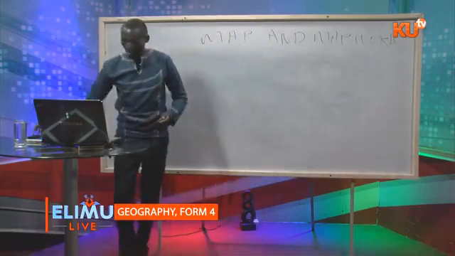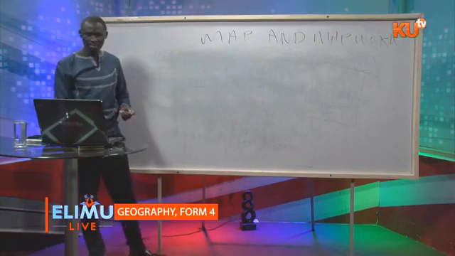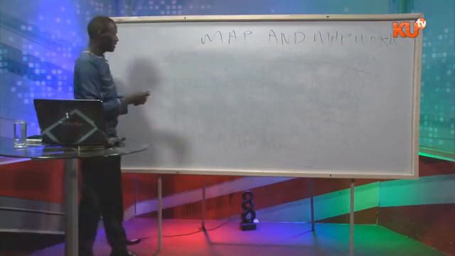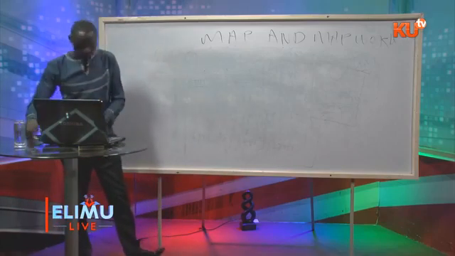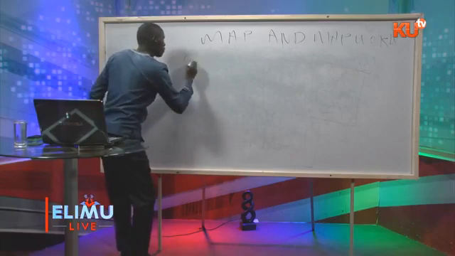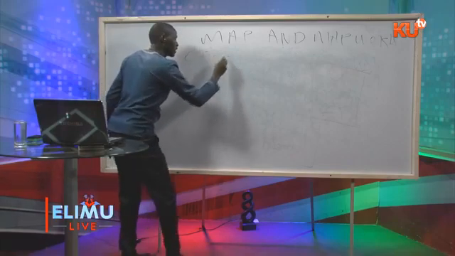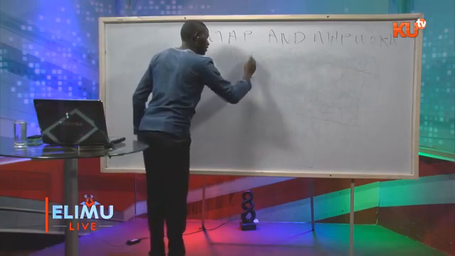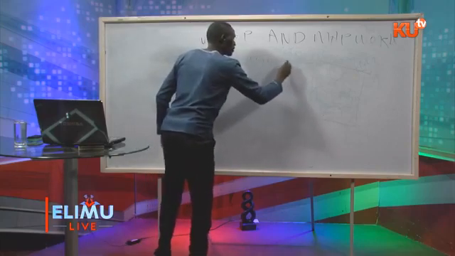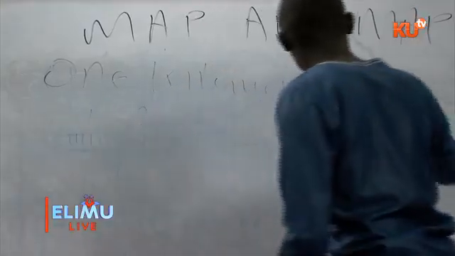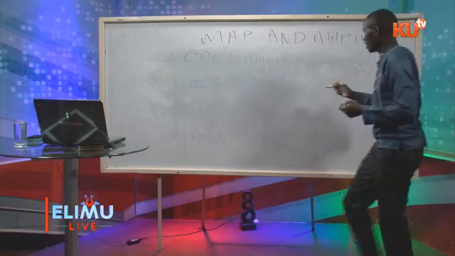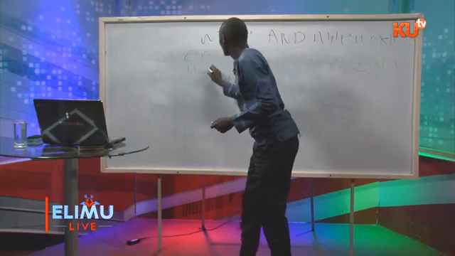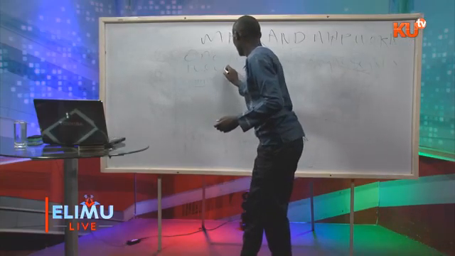Let's start with the first one, the statement scale. We say 1 kilometer represents 100,000.